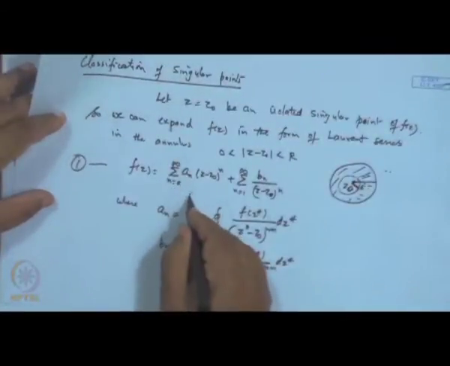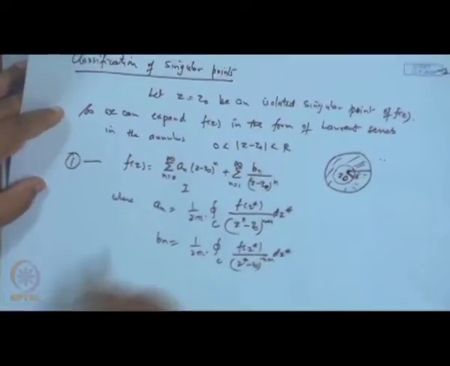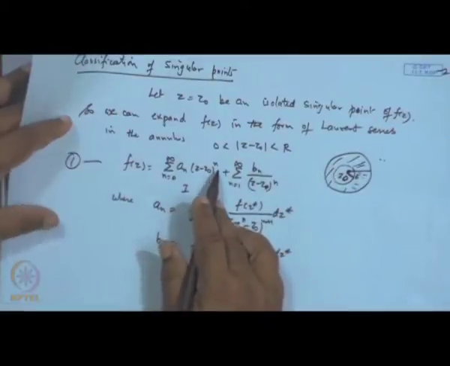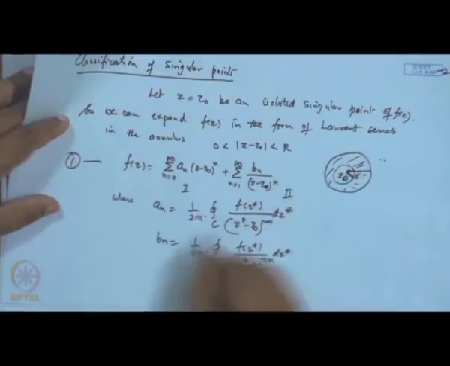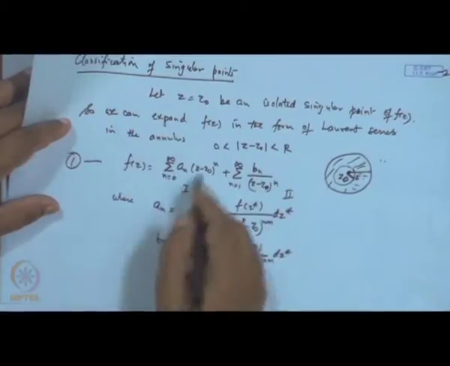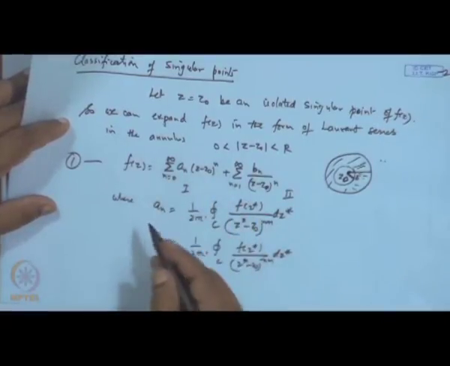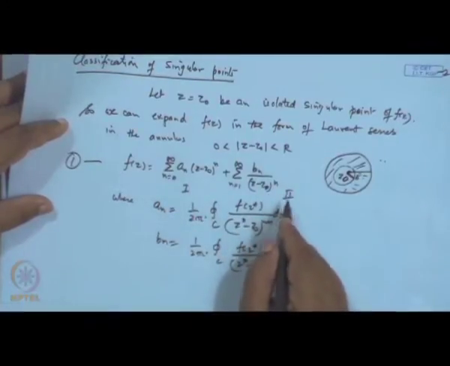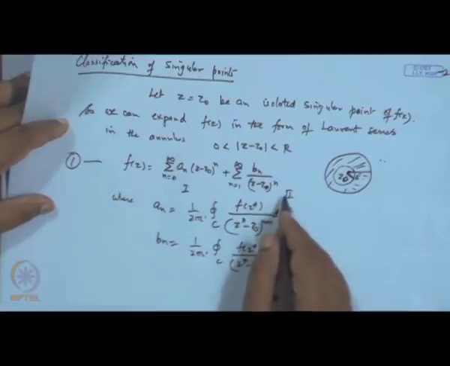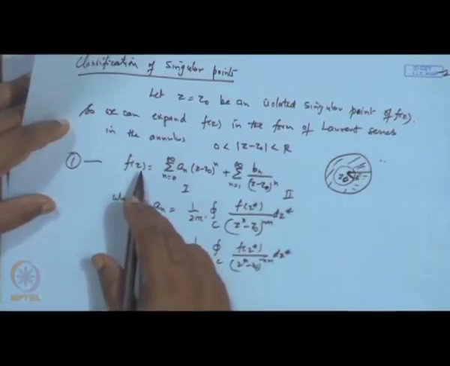One is the positive integral powers of z minus z naught, the other is the negative integral powers of z minus z naught. The first one represents an analytic function, it is a power series. The second one is known as the principal part of the series for the function f(z).